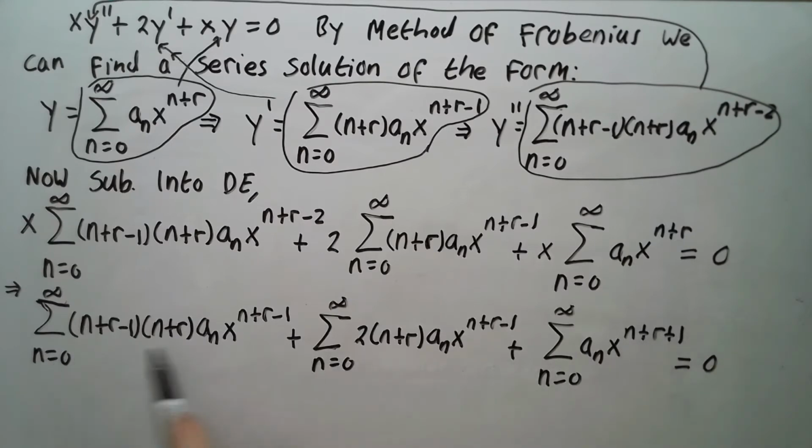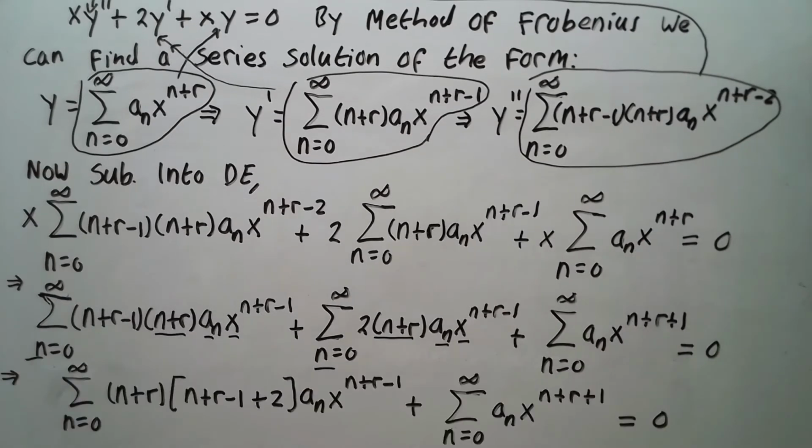So let's factor out the summation from these two, and also factor out what they have in common. They have n plus r in common, they have a_n in common, they have x to the n plus r minus 1 in common, and they have the summation in common. So factoring the common stuff out, we get the following. I factored the summation out of these two.